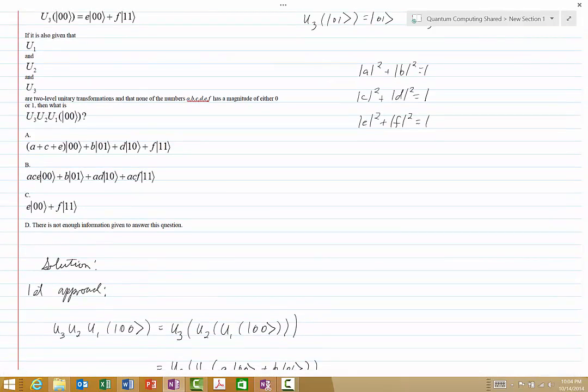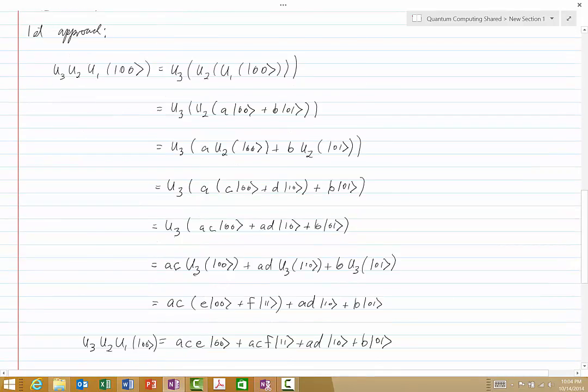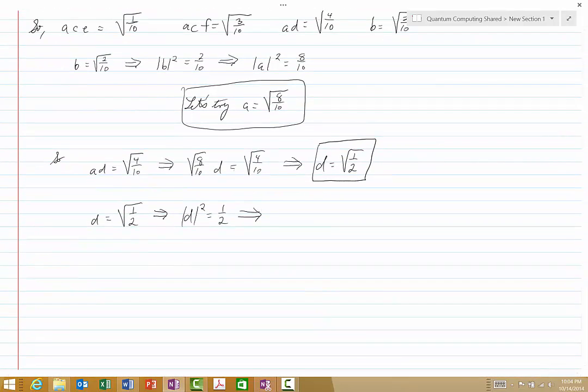Remember that we have the magnitude of C squared plus the magnitude of D squared is 1, so this would give us that the magnitude of C squared is 1/2. And so let's try C equals square root of 1/2.